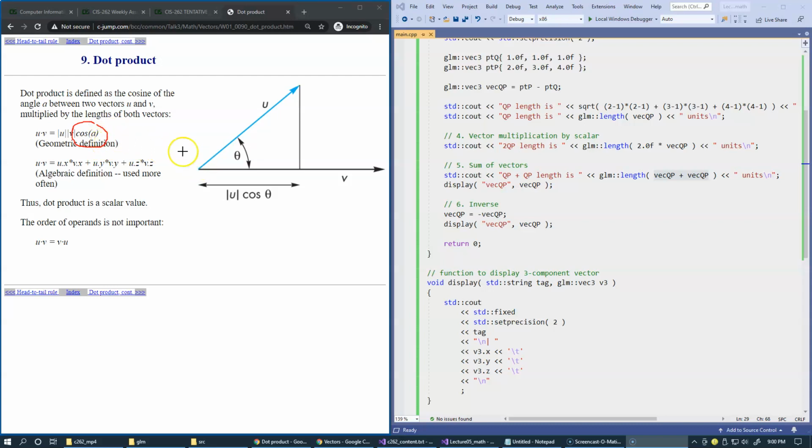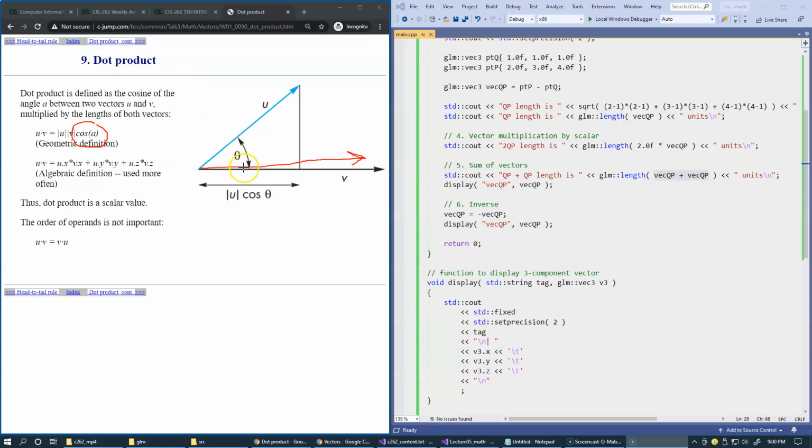Because cosine of 90 degrees is 0 and cosine of 0 degrees is 1, the smaller this angle is, the larger the result will be.